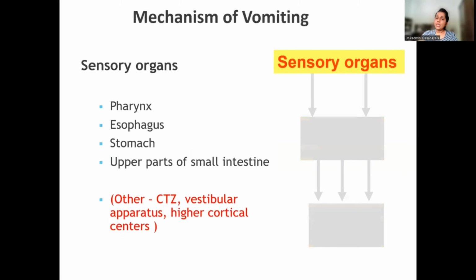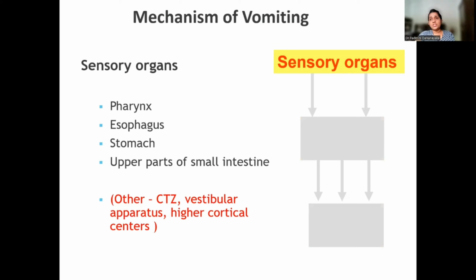What are the sensory organs? Mainly there is one type that is related to your GI tract, like the pharynx, the esophagus, stomach, and upper parts of the small intestine. If any one of them is stimulated by any irritating or toxic substance, you will initiate vomiting.